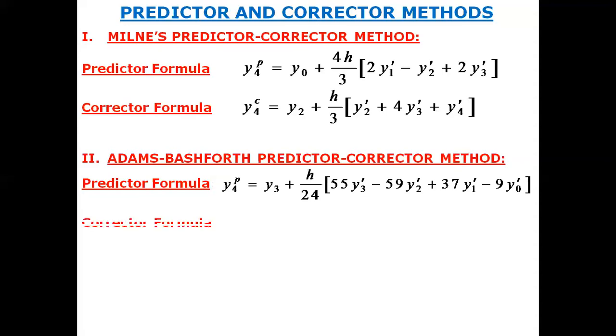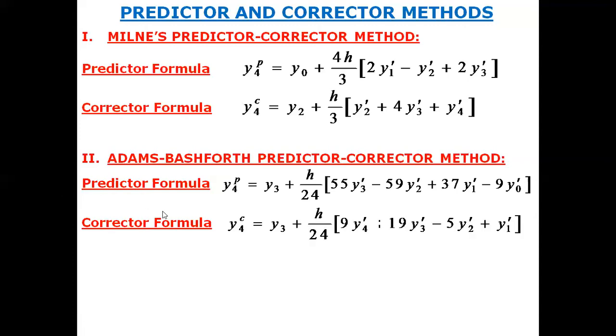Similarly, the corrector formula: y4 power c equals y3 plus h by 24 into 9y4 dash plus 19y3 dash minus 5y2 dash plus y1 dash. So these are the relations for predictor and corrector in the case of the Adams-Bashforth method.